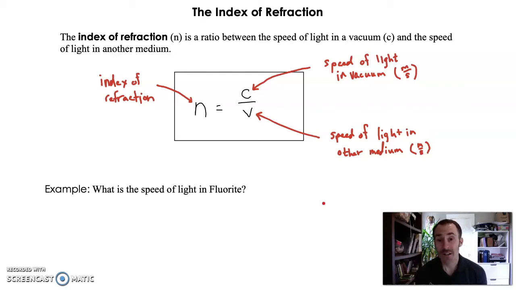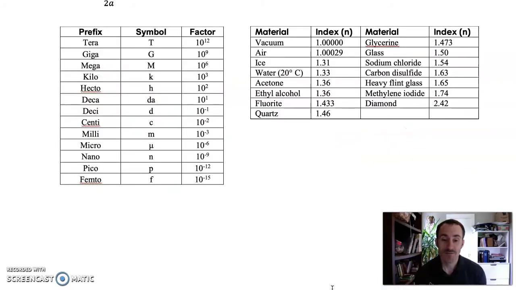So we can calculate the speed of light in any material if we know what its index of refraction is. And so the speed of light in fluorite, we can figure that out if we know its index of refraction. And if you look at your formula sheet, here is a table of indices of refraction.